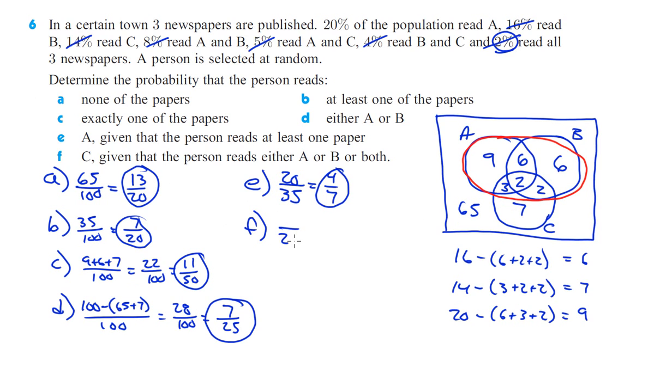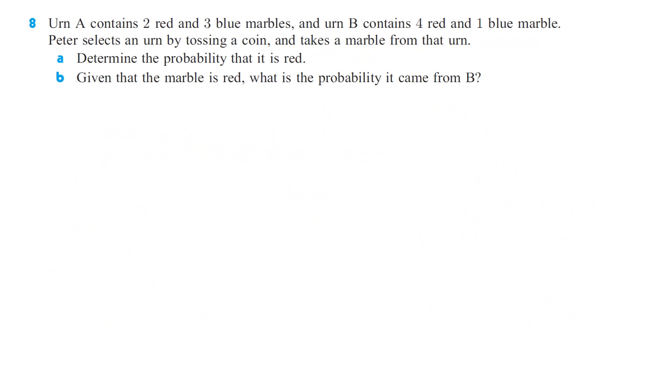So we know that there's 28 people that read A and B, right? So of those 28, how many of those people read C? So C, that's this circle here, so 3, 4, 5, 6, 7. So 7 out of the 28, which reduces down to 1/4. Okay? Okay, moving on to the next one here.